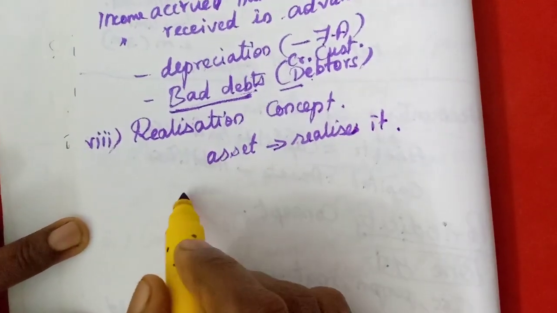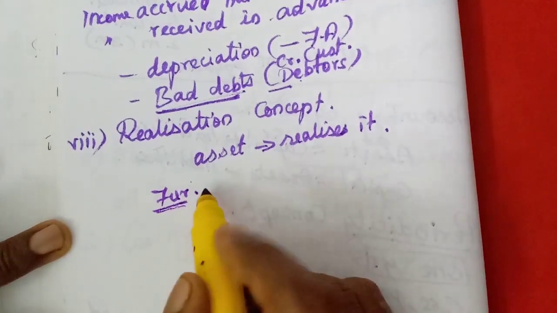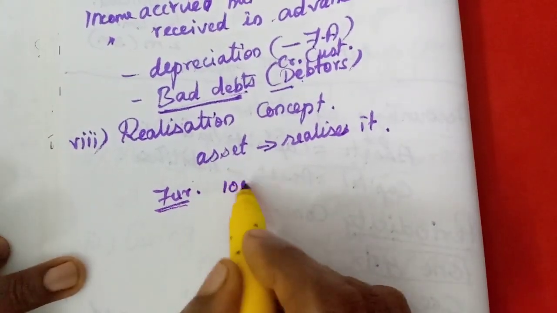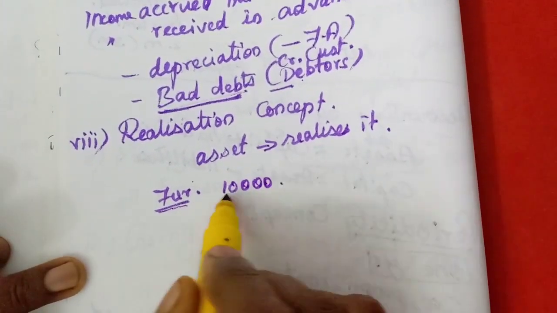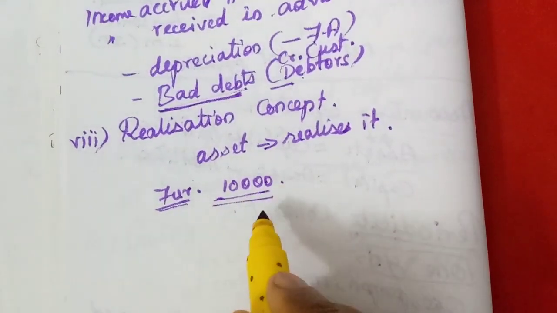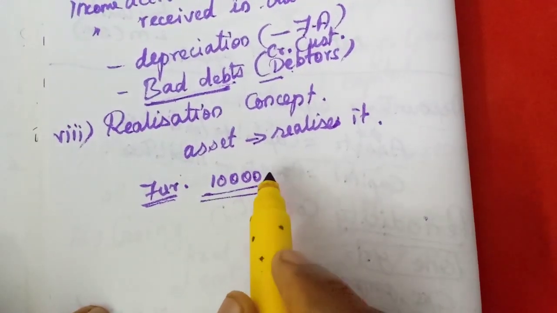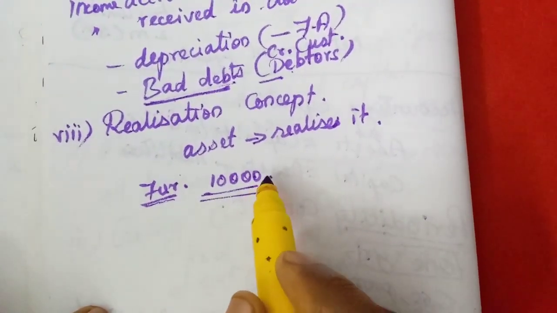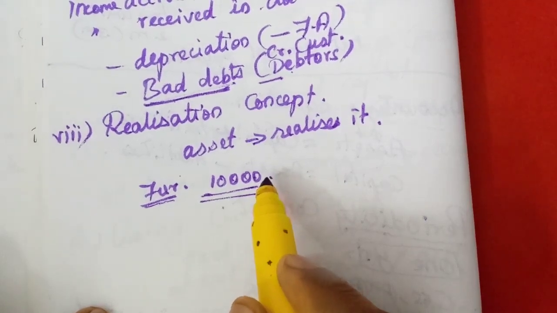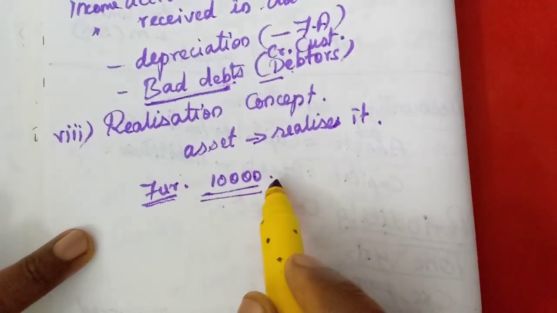For example, we purchase an asset, a furniture, for rupees 10,000. It is made of very high quality wood, teak wood or rosewood. So the value is increasing because it is made up of rosewood. The value increases.